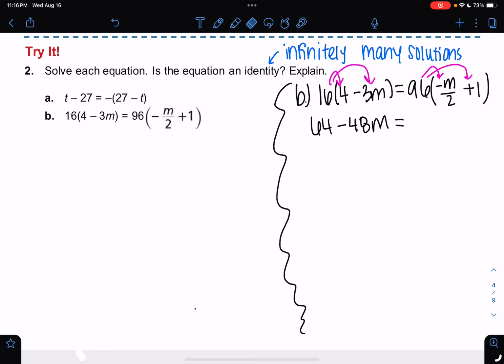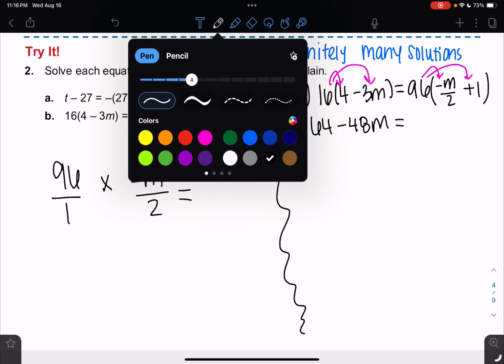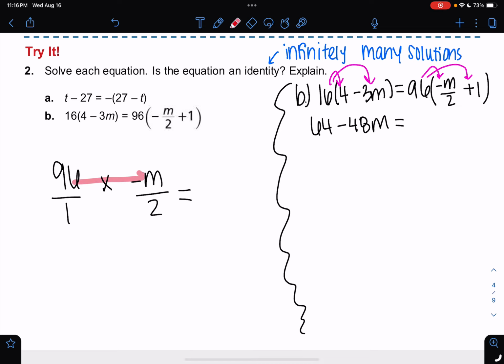Okay. All right, when I'm doing 96 times -m over 2, obviously the m over 2 is a fraction, right? I can make my 96 a fraction as well and just multiply like normal. So I'm going to multiply straight across, okay? Because that's how you're actually multiplying fractions, straight across. Okay, so I've got -96m over 1 times 2, which is 2.